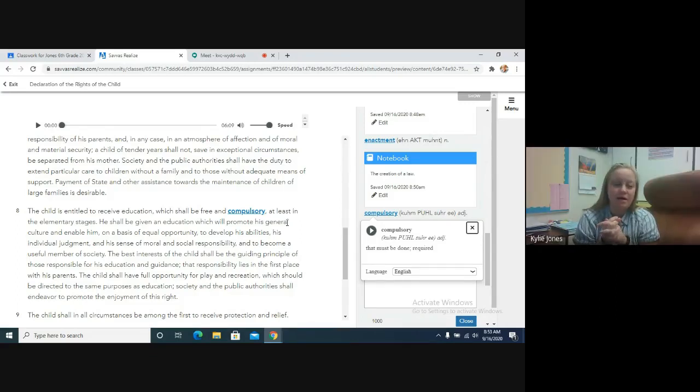Yeah. Because if we look at the sentence that compulsory is in, it says the child is entitled to receive education, which shall be free and compulsory. So if we replace compulsory with required, you could say it's free and required. So education is free, but you have to go do it, which is still true.